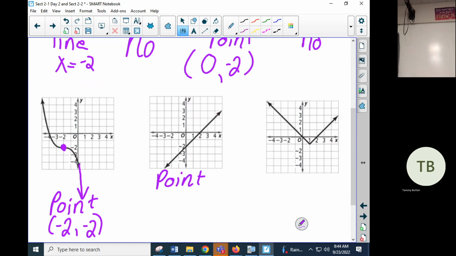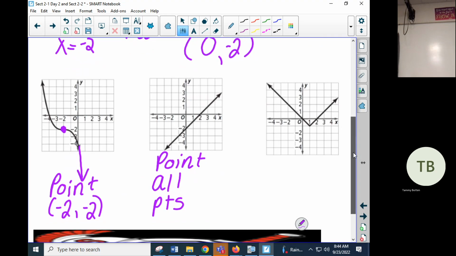If you spun it on any point that you chose, and you spun it 180 degrees, it would map onto itself. So what you say there is, just say all points. No matter what point you chose, because a line keeps going forever and ever, if you spun it 180 degrees, it would map onto itself. So any diagonal line is going to have point symmetry, and it's all points.